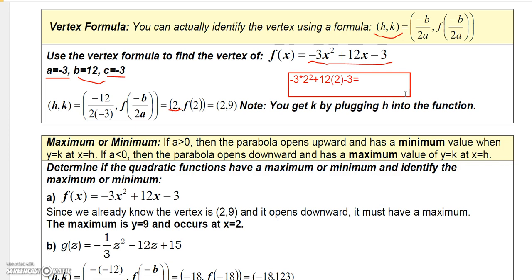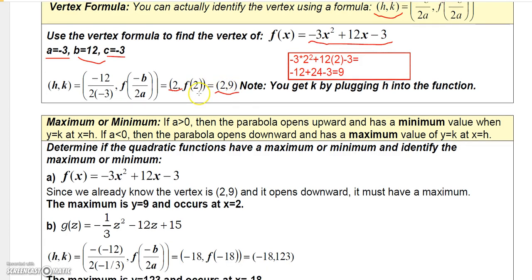And so that would actually be, let's see, negative 3 times 4, so that's going to be negative 12. 12 times 2 is 24, so it'll be plus 24 minus 3. And I'm sure you can take it from there and figure out that that's just going to equal 9. So the y value is 9, so therefore your vertex is just the point (2, 9).